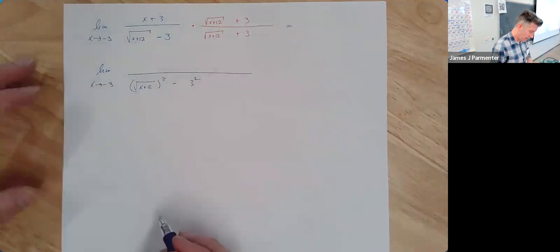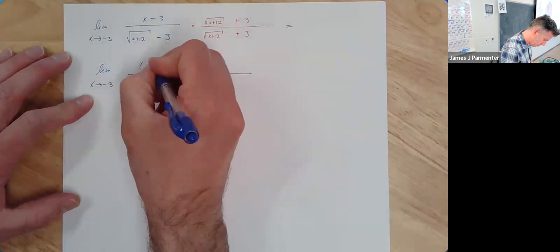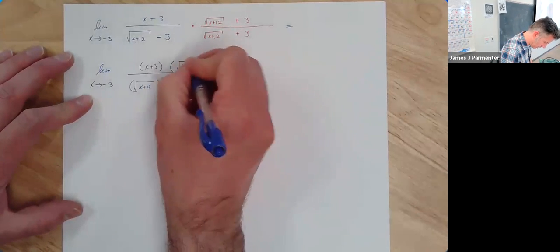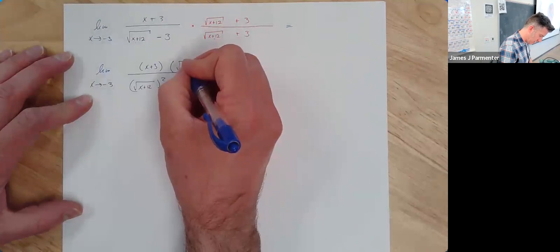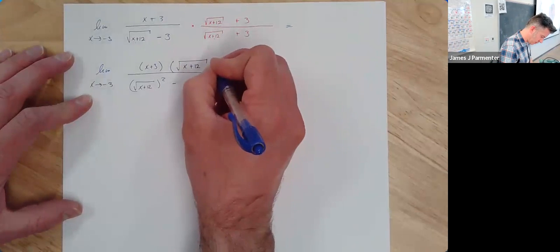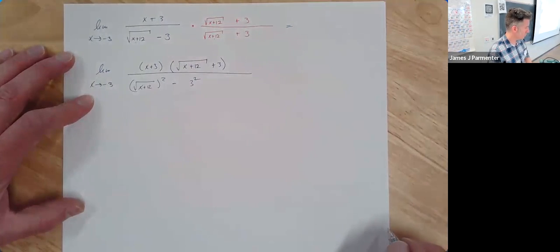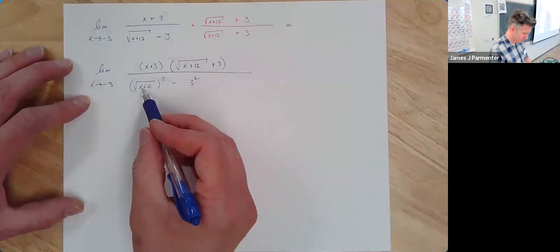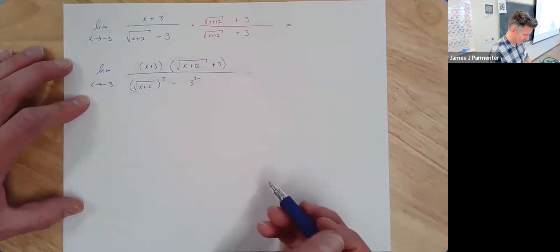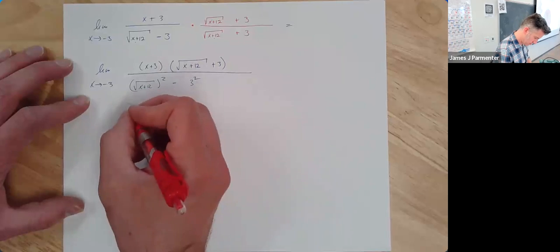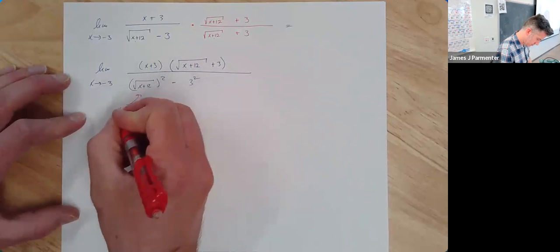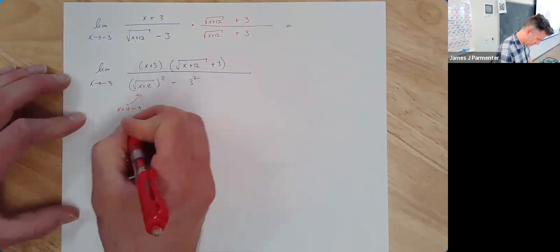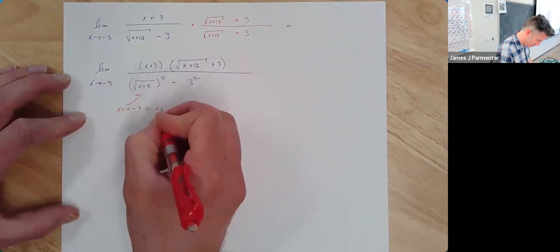You don't need to actually write them if you don't want to. You can though. And then on top, we are not FOILing it out. We are just leaving it as this factor, x plus 3 times this factor, square root of x plus 12 plus 3. We simplify the bottom, we're going to get x plus 12 minus 9, which is just equal to x plus 3.